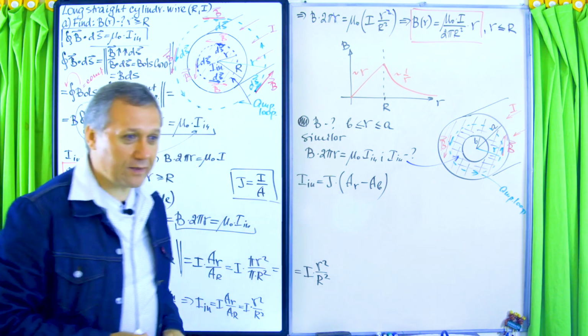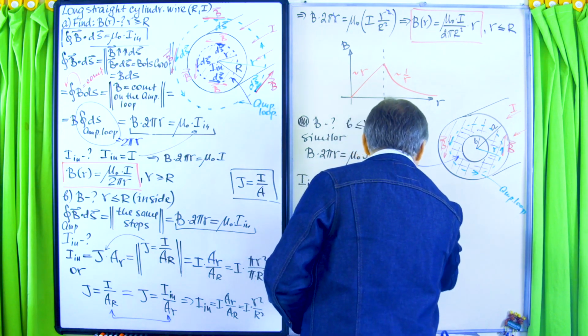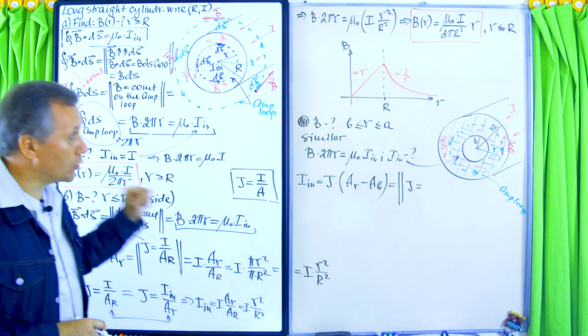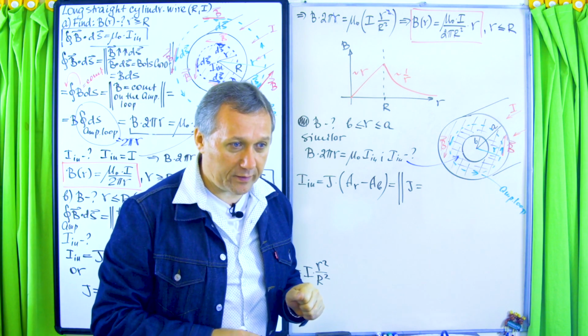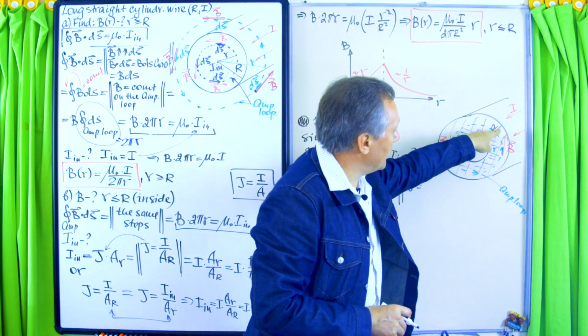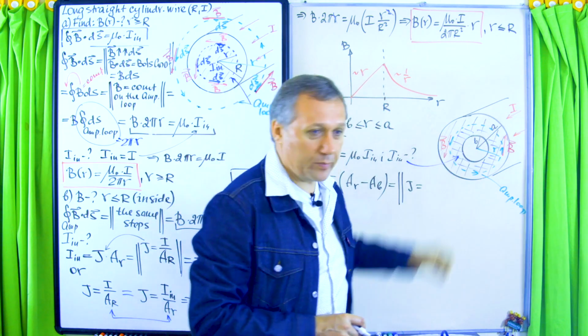So now the current density. I'm going to find it like here using the total current, because I know that the total current I is distributed over which cross-sectional area? It's the area between the circle with radius A and the circle with radius b.